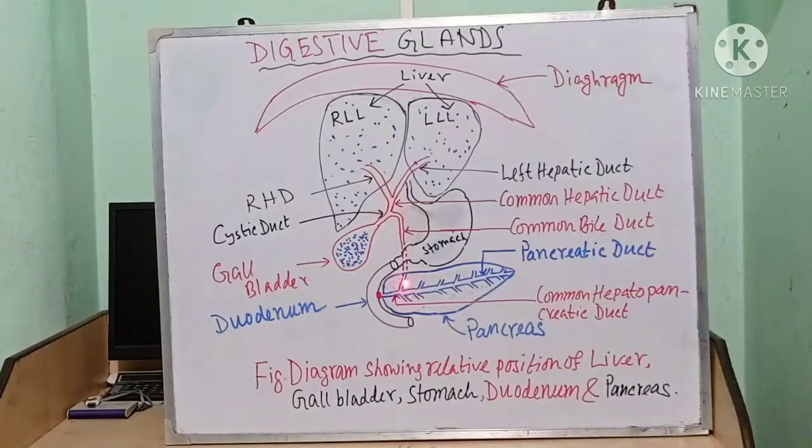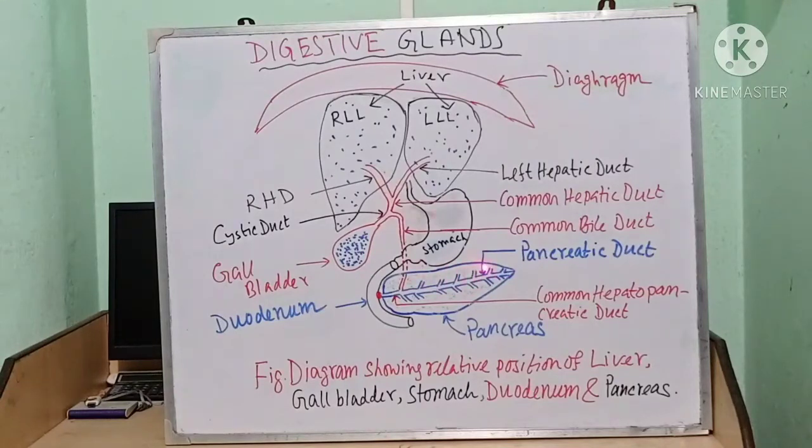It is a mixed gland, an exocrine gland as well as an endocrine gland. Now, this is the pancreatic duct.